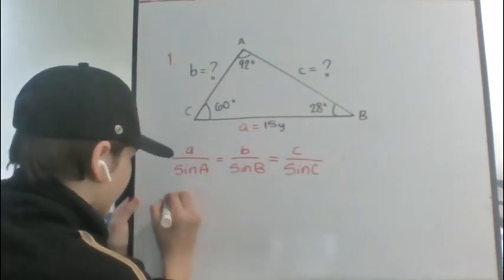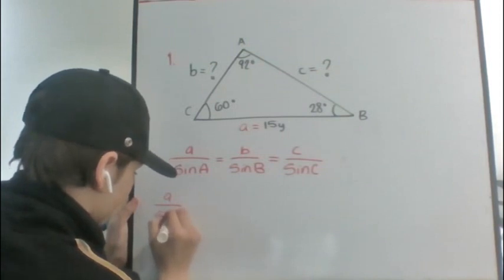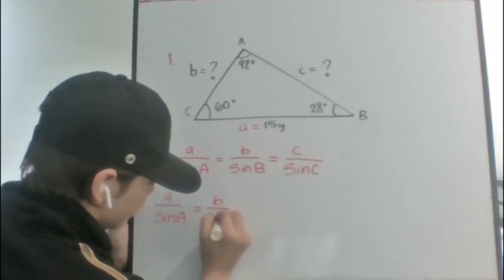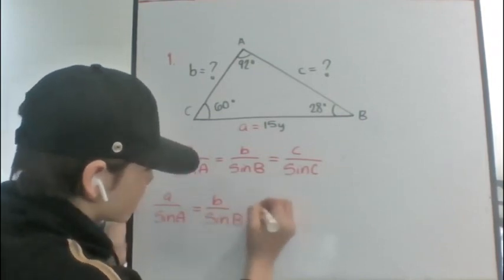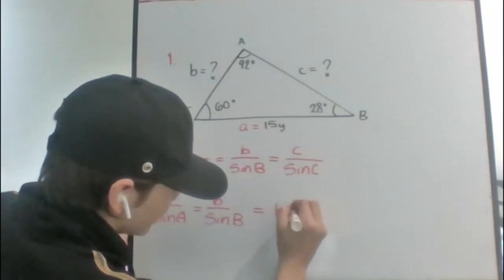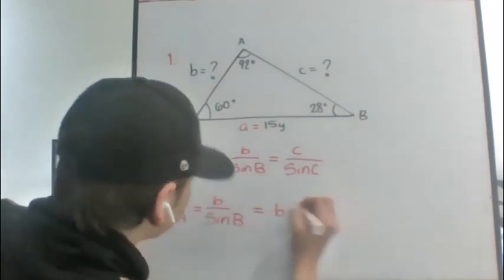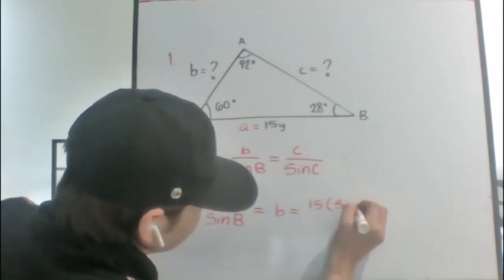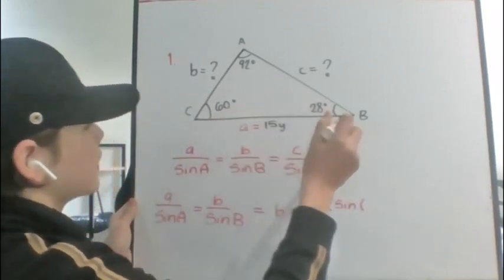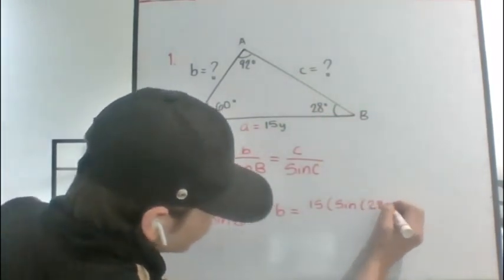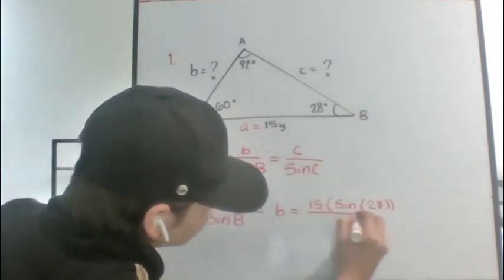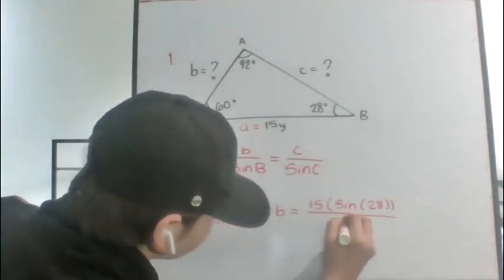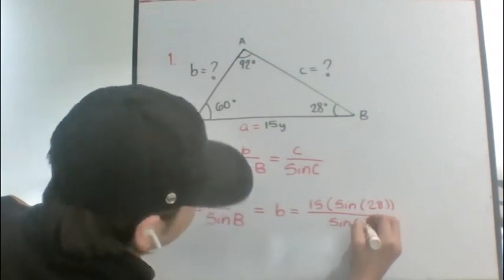It will be A over sin A equals B over sin B, which is the same as B equals A, in this case 15, times sin B, in this case 28, all over sin A, which is sin of 92.